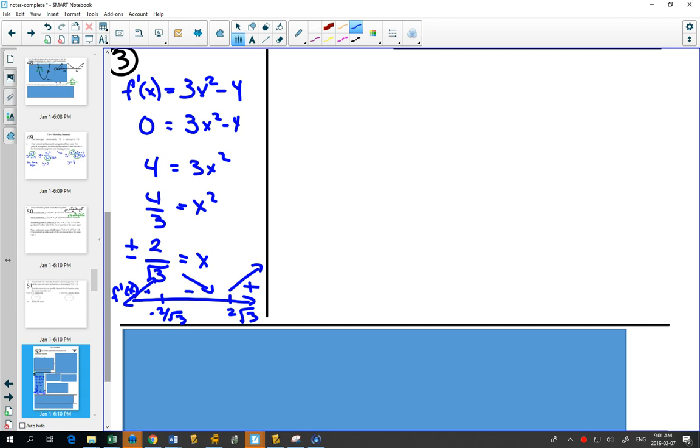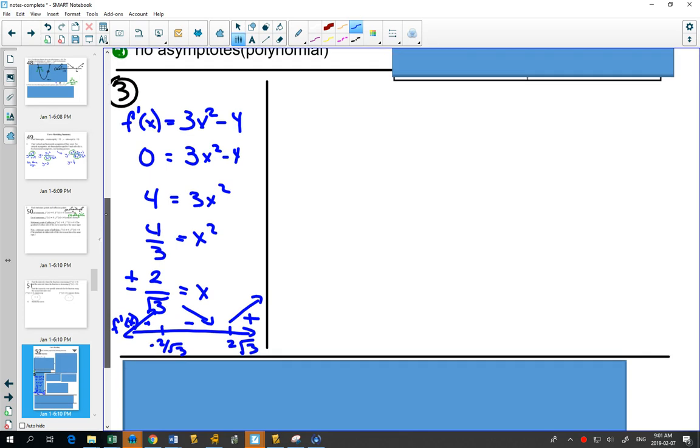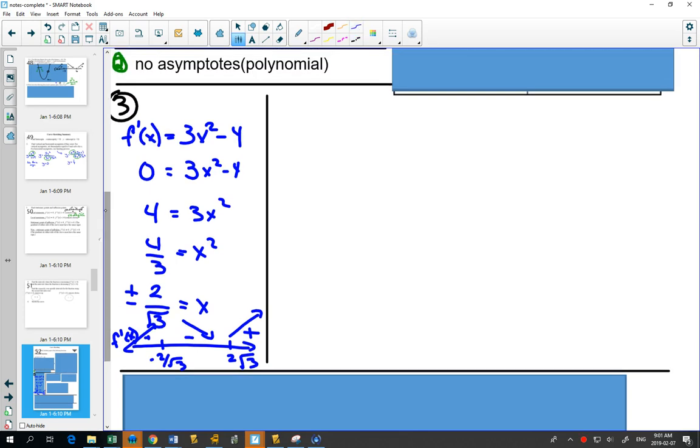And I already know that at negative 2 over root 3 and at 2 over root 3, I would have a maximum at negative 2 over root 3, a minimum at 2 over root 3. This is called the first derivative test. Step 4, I would then find my second derivative.